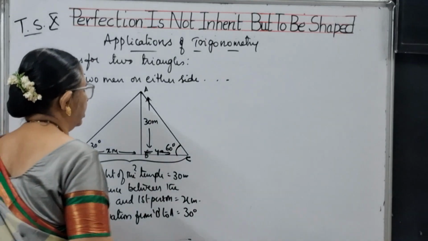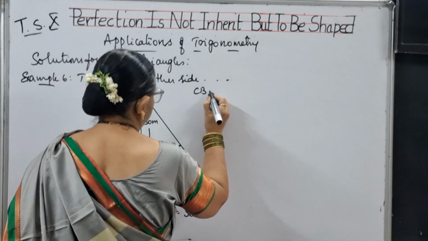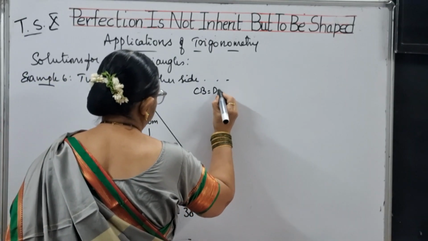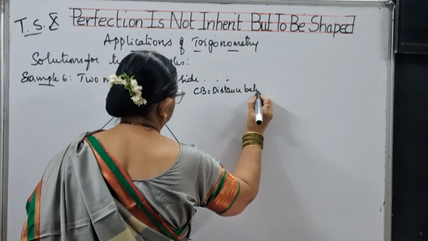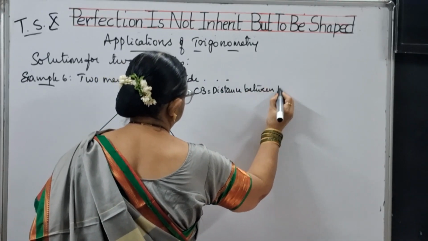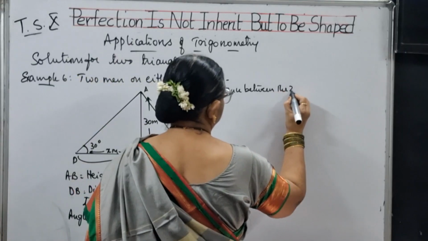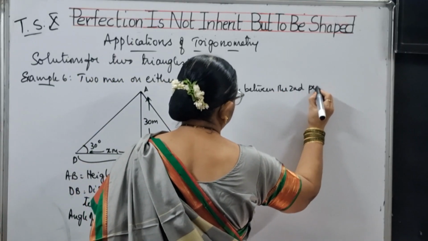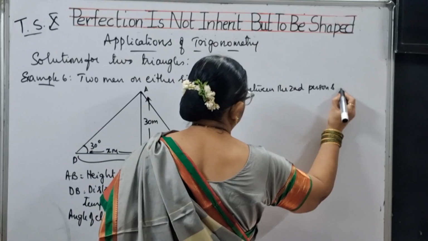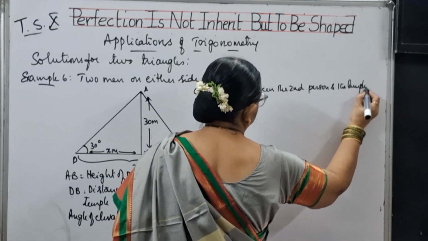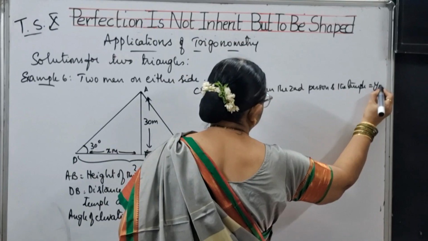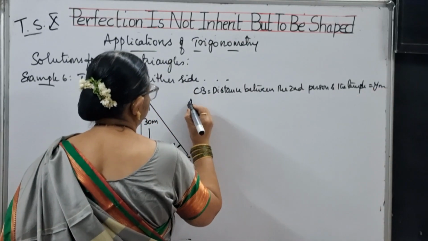And at the same time, CB is the distance between the second person and the temple. This I am taking as y meters.